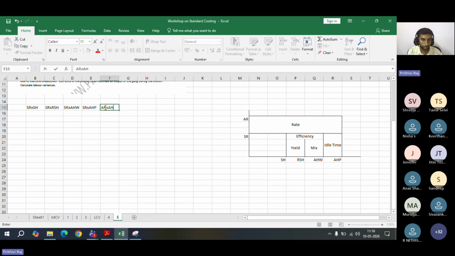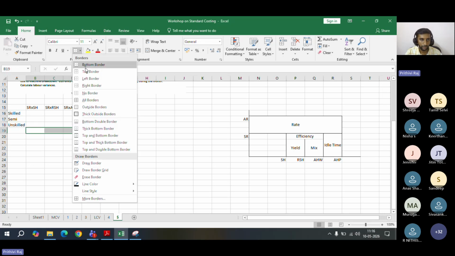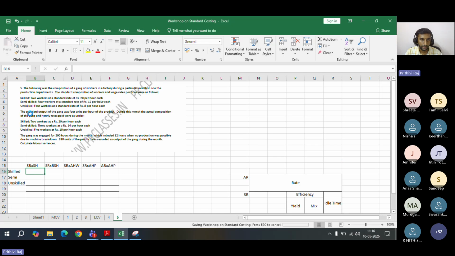Now you have skilled, semi-skilled, unskilled. Now what we are going to do is fill in all the data that is readily available. Standard rate, I say, is 20, 12, and 8.